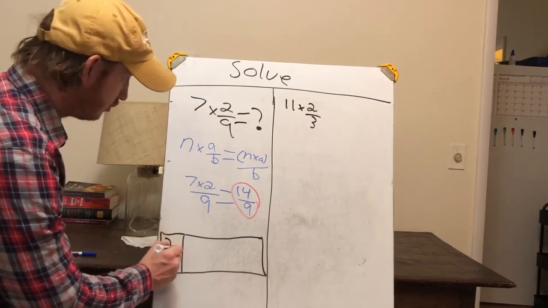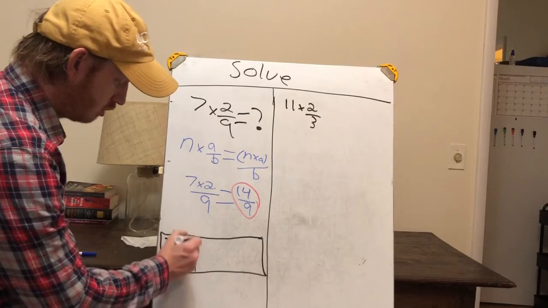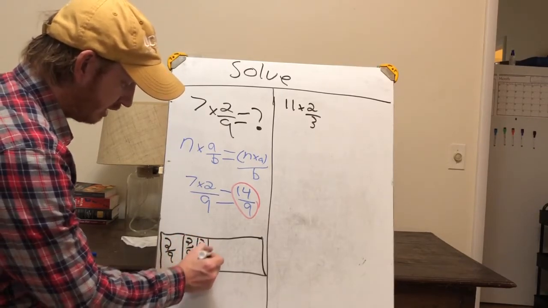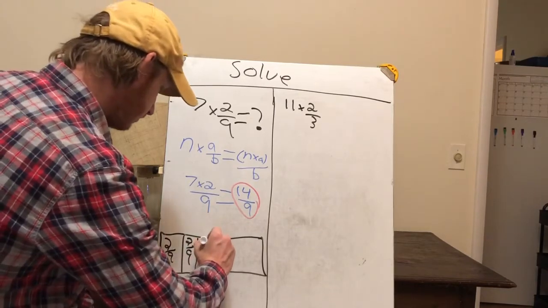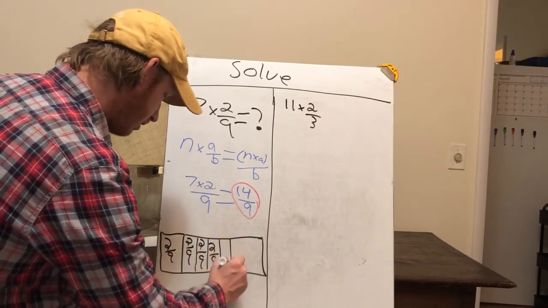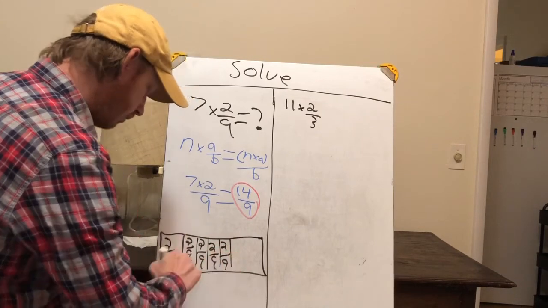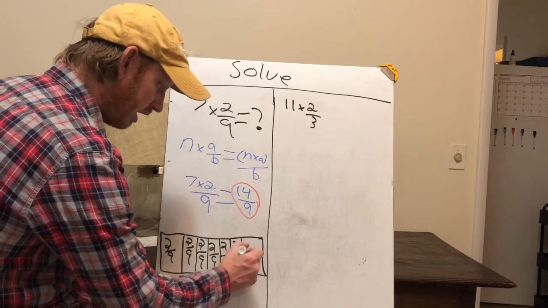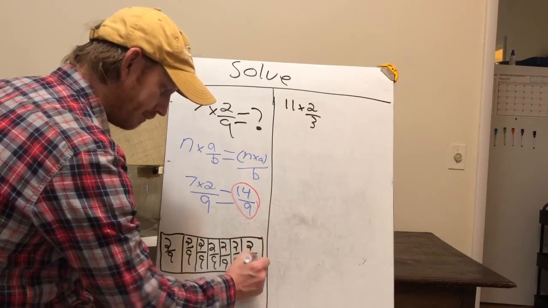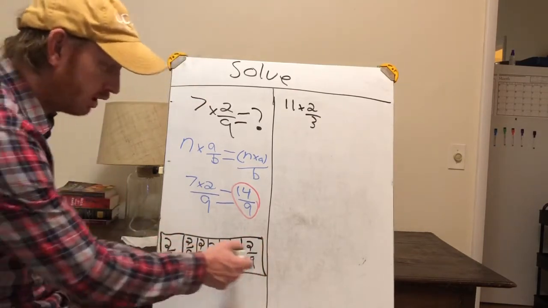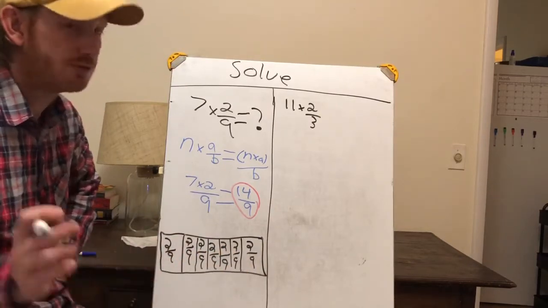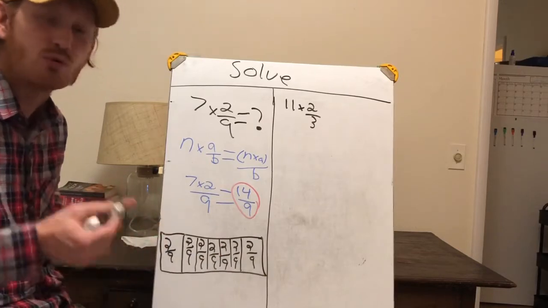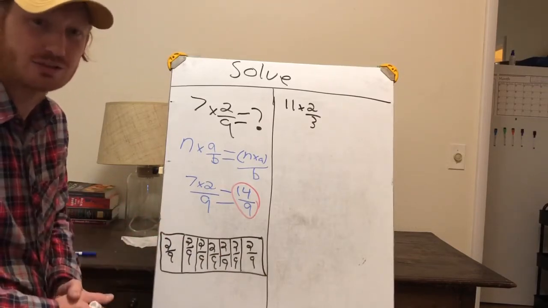So I'm going to have 2 over 9, 2 over 9, 2 over 9, 2 over 9, 2 over 9, 2 over 9, and 2 over 9. And I'm not worried that they're all in equal parts. I know with fractions that they're supposed to be in equal parts. I'm using this as a visual representation to help me get the right answer.